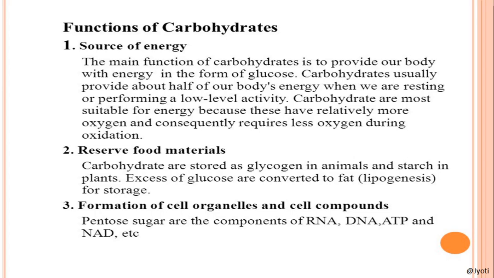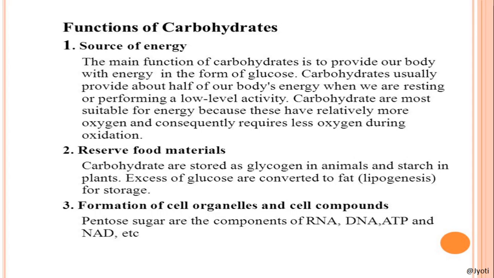Then carbohydrates are reserve food materials. I have already told you that glycogen and starch are the reserve food material in different organisms. And when excess glucose is there in the body, then it is converted into fat. There is a limited amount of glucose which can be converted into glycogen.